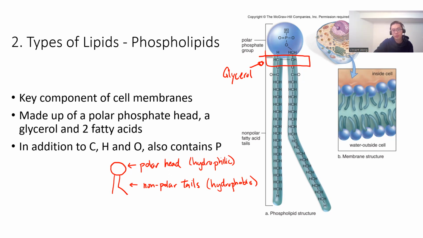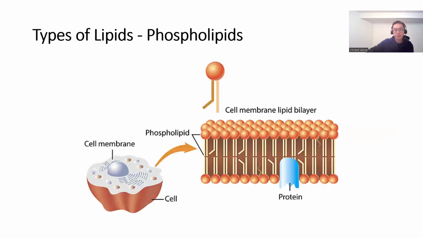So let me show you a picture of the cell membrane. We will learn a lot more about the cell membrane in lecture 3 and 4, but basically it's a barrier that surrounds the cell. This is a cell, and the cell membrane separates the living and the non-living.